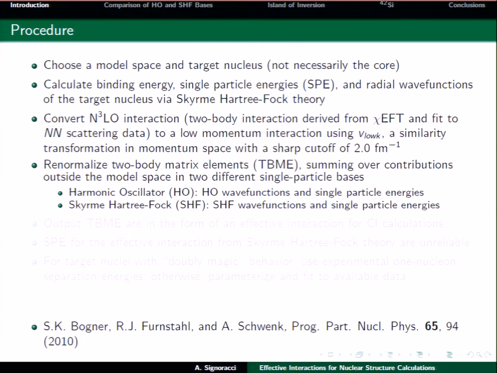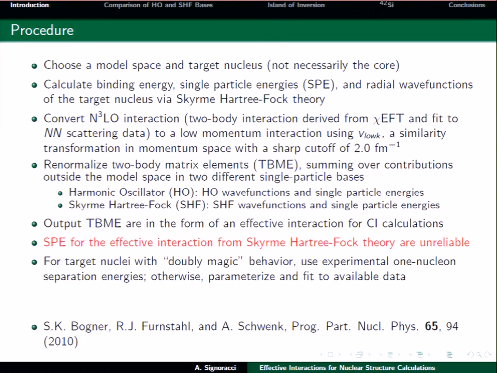So the procedure here is actually relatively detailed, and so I'm going to put it up for people who already have some understanding of nuclear physics, but I'm just going to highlight a couple things for the general talk. So the first thing that's necessary is to choose a model space which incorporates the low energy degrees of freedom of the nuclei which we wish to calculate.